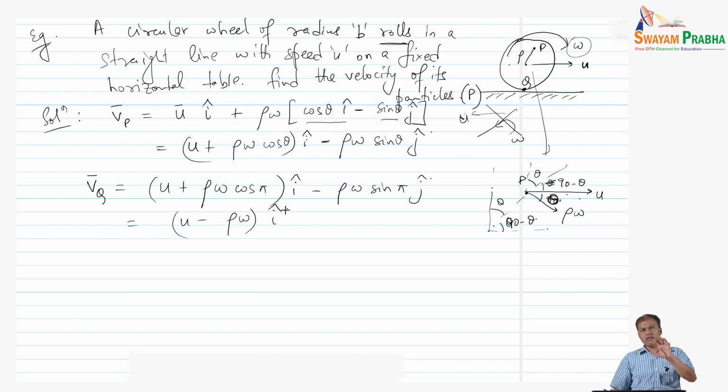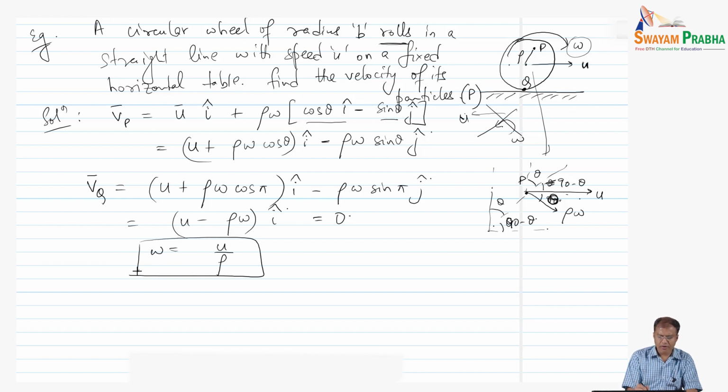Now we expect, since the wheel is rolling, the velocity of the wheel at point Q, which is touching the road, will be 0 because the road is fixed. The particle at the edge of the wheel, which is on the road, must also be fixed. Otherwise the wheel is slipping, right? So we have that this has to be 0, which means that our omega comes out to be u over rho.